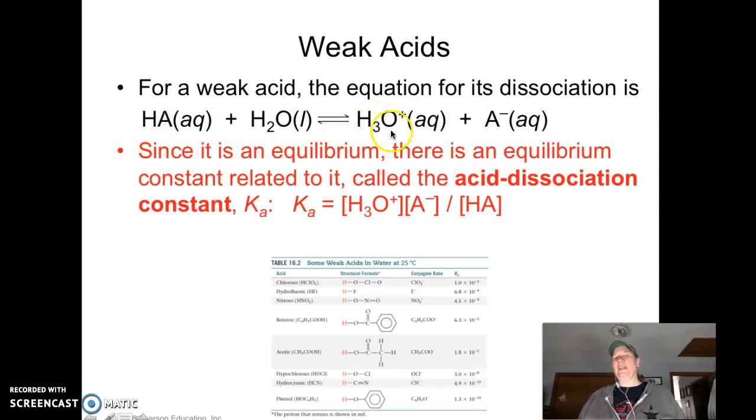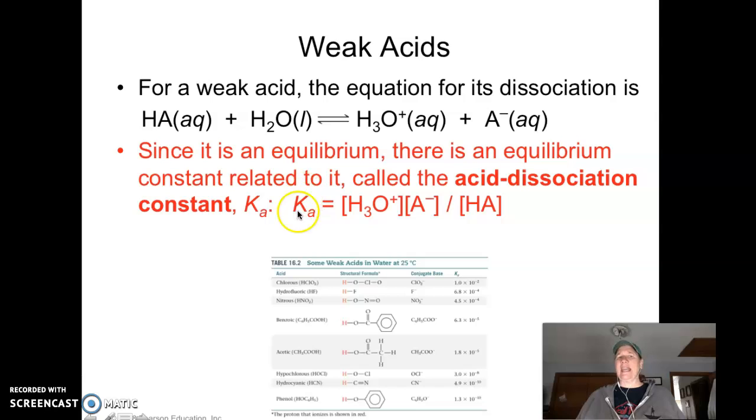What happens when you add water to them? Yeah, they do break down into ions, but not completely. So the more they break down into ions, the more they dissociate, they call it, the stronger they are considered, either acid or base. Okay, so there's an equilibrium. Again, you know how we did that last chapter, bringing it back again. There's an equilibrium constant related to the acid dissociation constant.